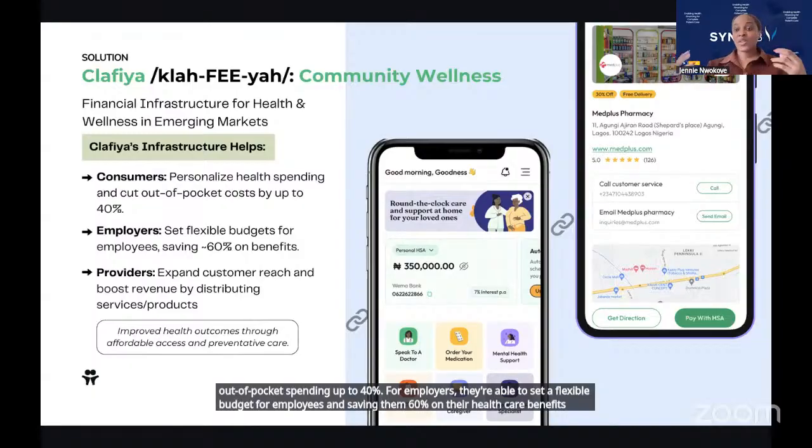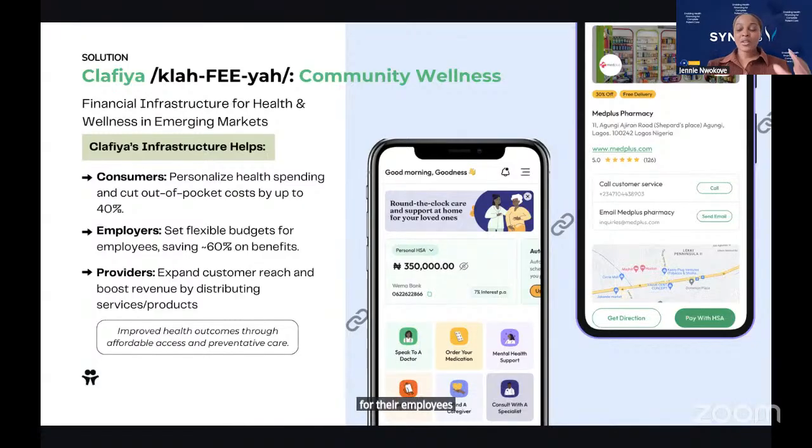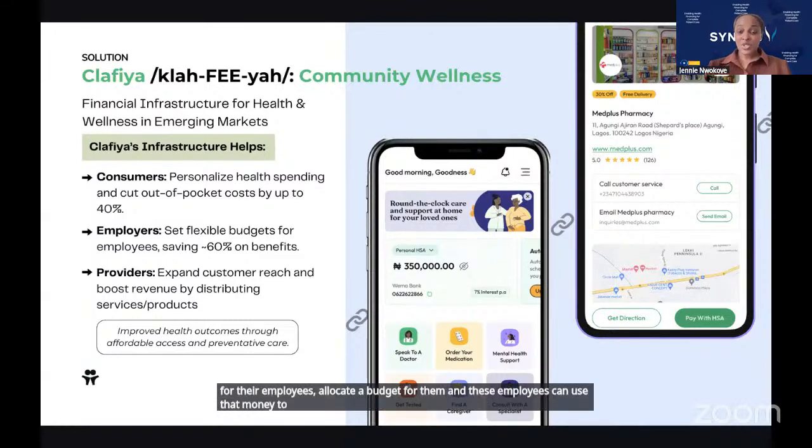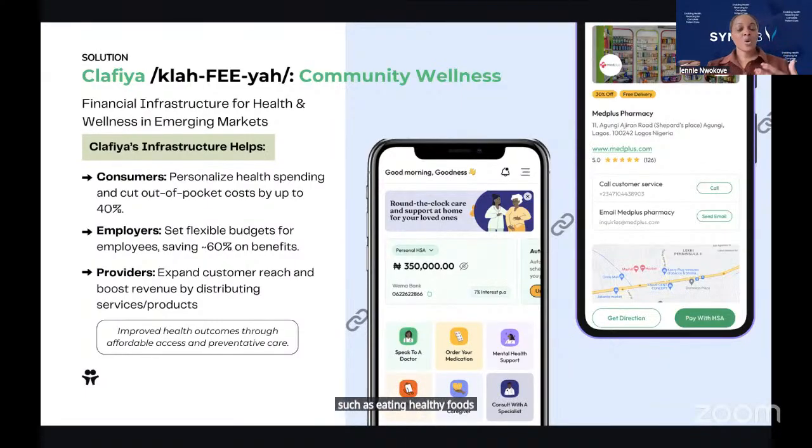So instead of having a health insurance plan that their employees may or may not use, they get to open an HSA or health savings account for their employees, allocate a budget for them, and these employees can use that money to buy health insurance on our platform, and then also for things that their health insurance plan does not cover, especially for a growing young populace that are more interested in the wellness side of things, such as going to the gym, eating healthy foods, or more skincare, or spa treatments.